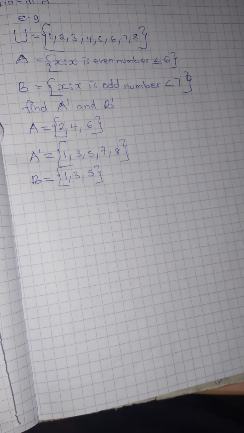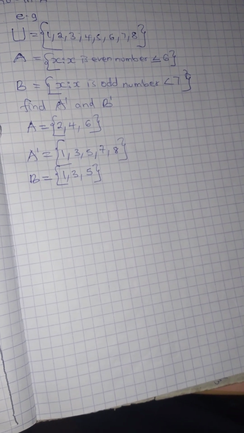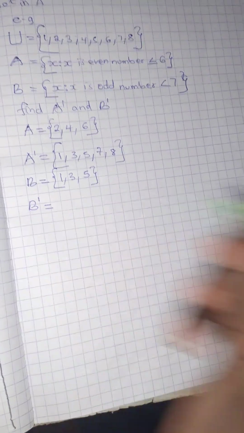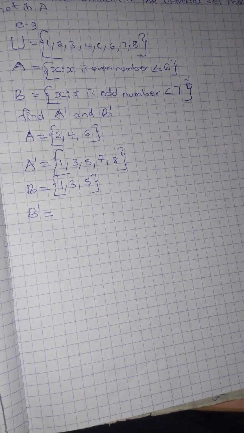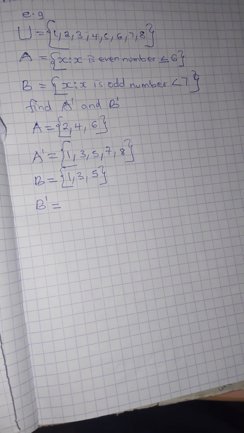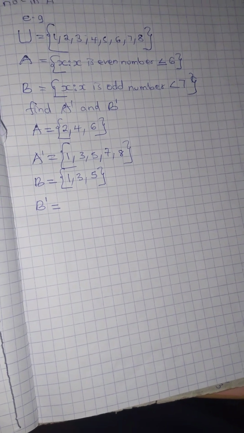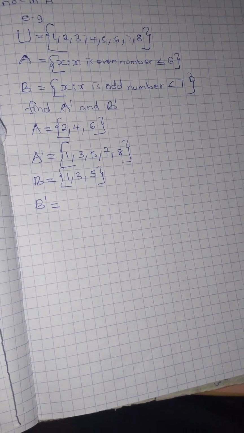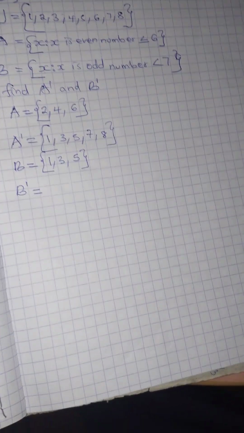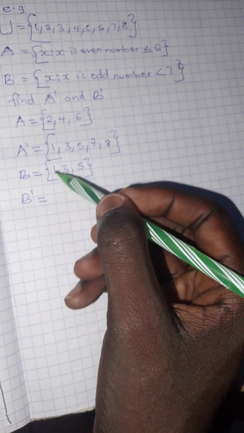Then we'll proceed to write the complement of the set B. From our definition of a complement set, it is the elements in the universal set that are not in our set B. In the universal set we have 1, and 1 is in the set B, so we will not write 1.